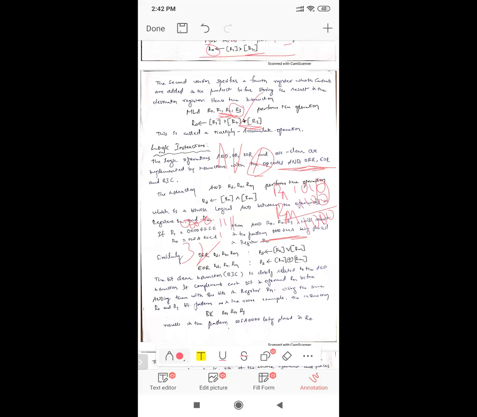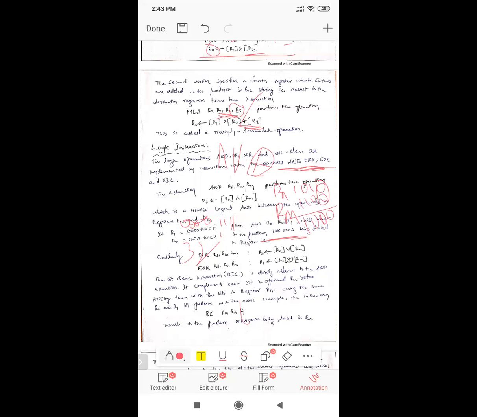Okay, some example: BIC R0, R0, R1. That's nothing but the R1 register bits are once complemented before being ANDed with the R0 register.